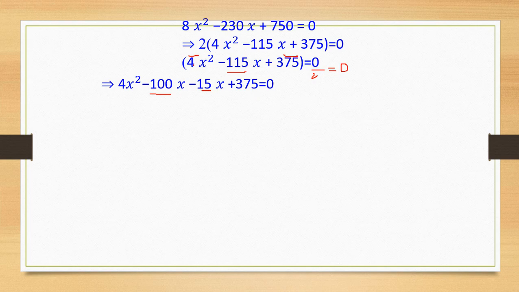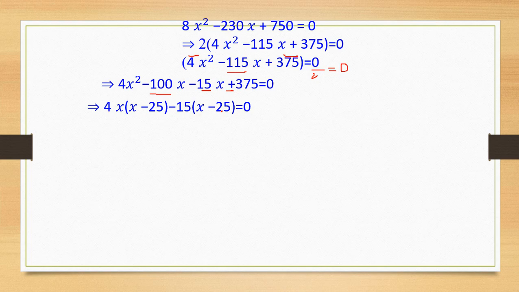into 4. Okay. So from the first two terms we can take 4x common, and we get x minus 25. Now in the third and fourth terms, take 15 common. So 15 is common, so the rest of the quantity is x minus 25, and as we have taken minus 15 common, this positive sign becomes negative.